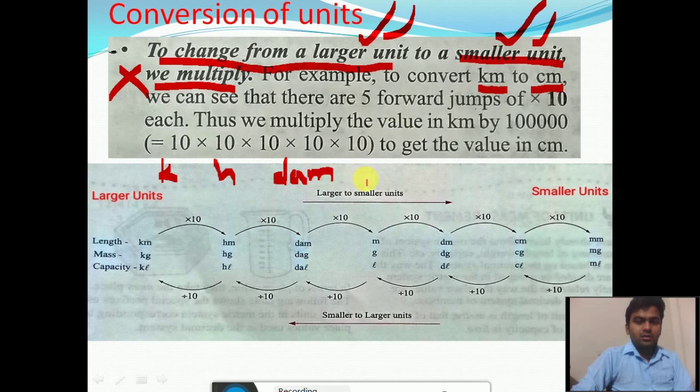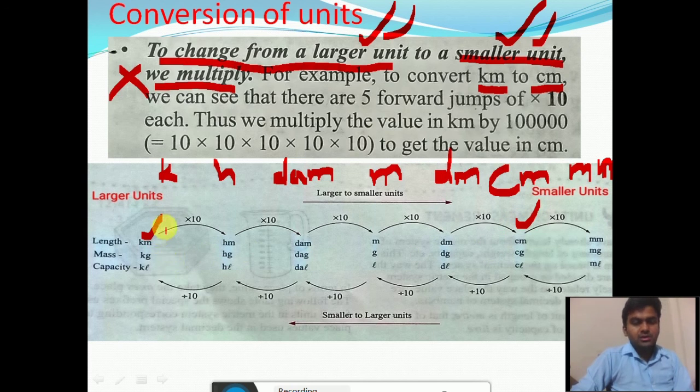Kilo, hecto, deca, meter, deci means DM, centi means CM, millimeter. You can refer to this diagram: kilometer into centimeter. Where is the centimeter written? Here. Where is the kilometer written? Here.